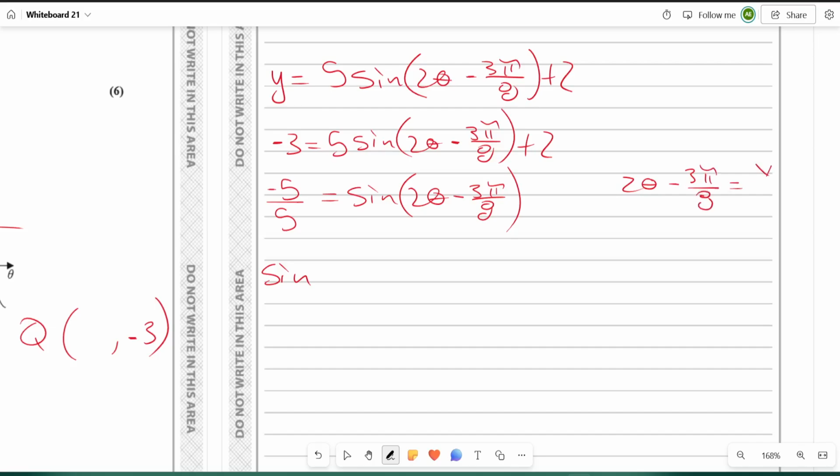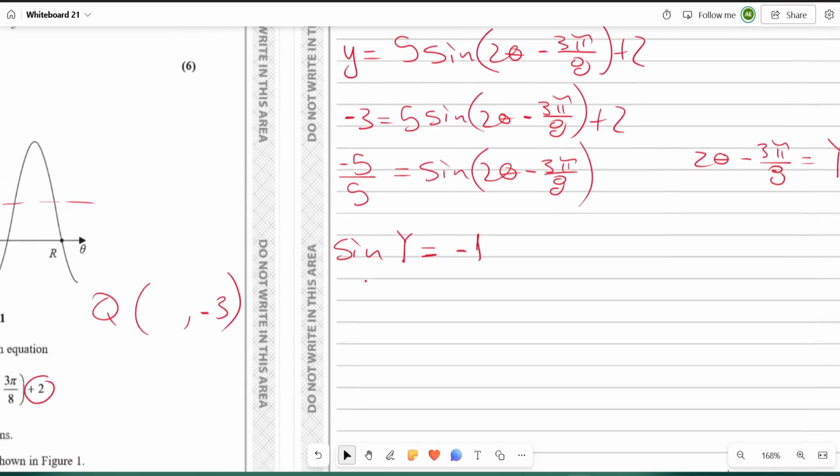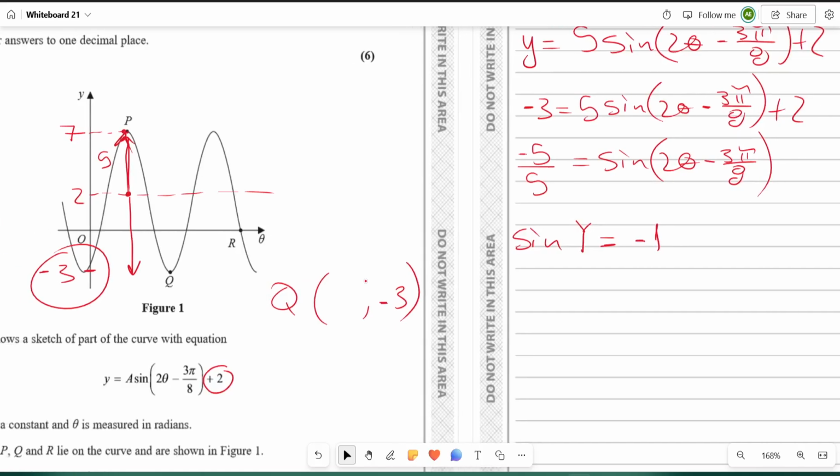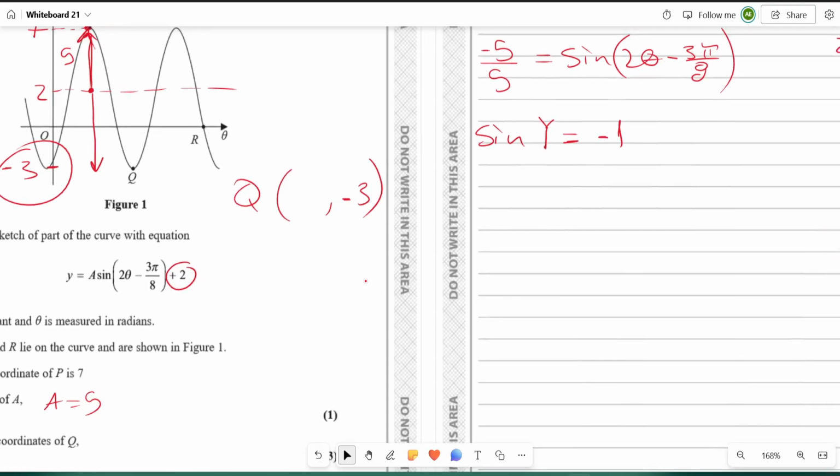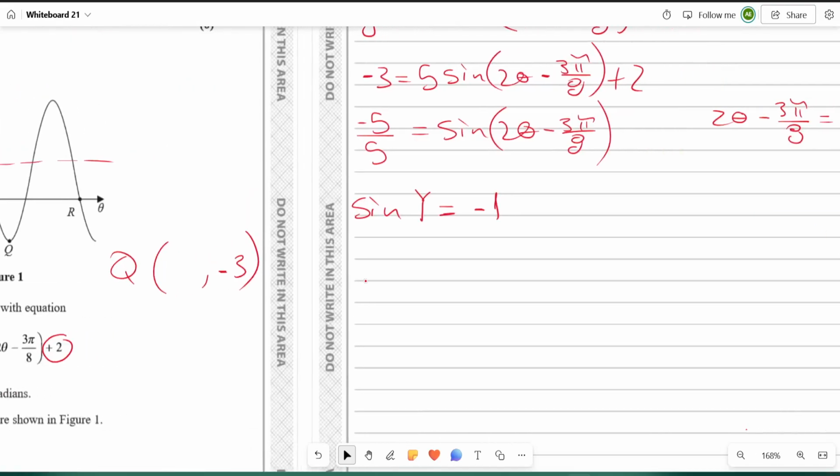Let's call 2 theta minus 3 pi over 8 y. So sine y is going to equal minus 1. Actually, there is no range over here. We just want to find the exact coordinates of Q. So now we need to solve for sine y equals minus 1.